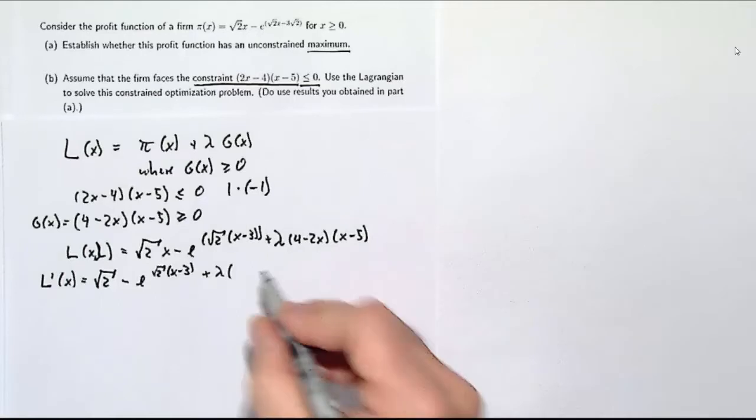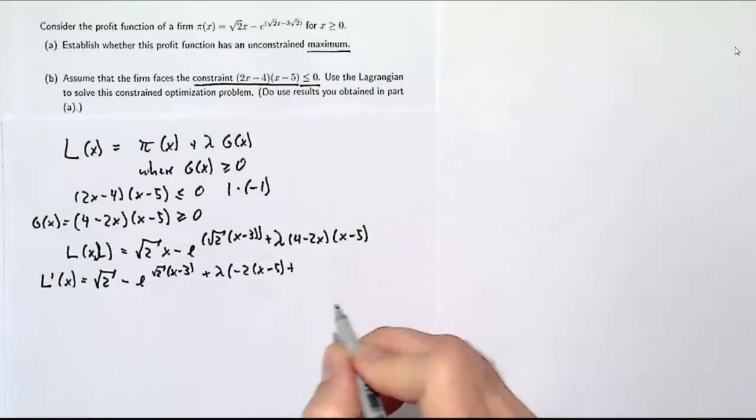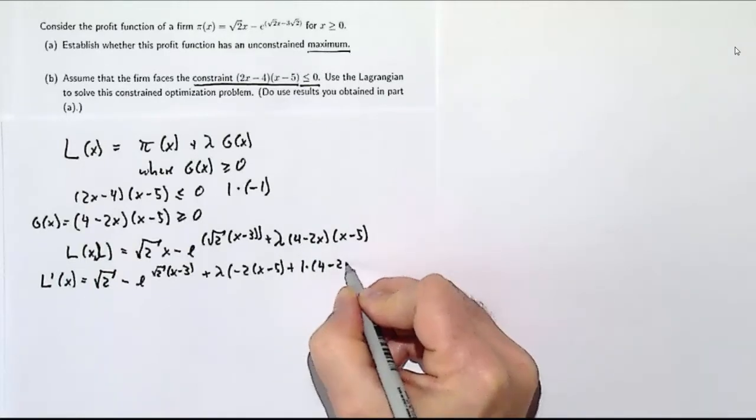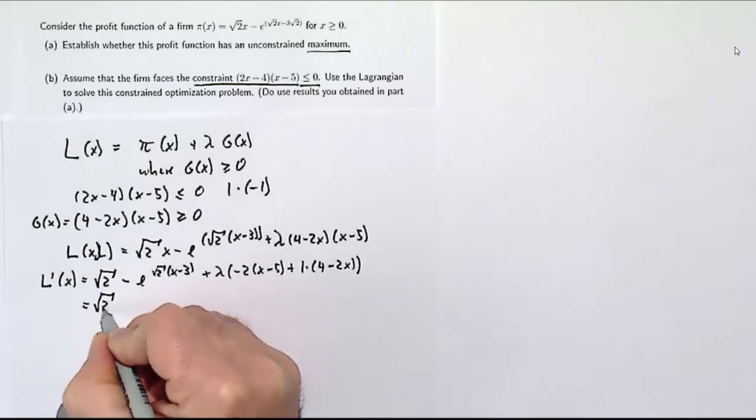So we will have to apply the product rule. So lambda times, and now we apply the product rule, -2 times x minus 5 plus, and now the derivative of the second one, which is 1 times 4 minus 2x.